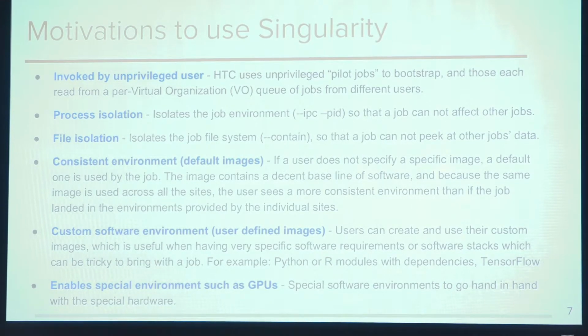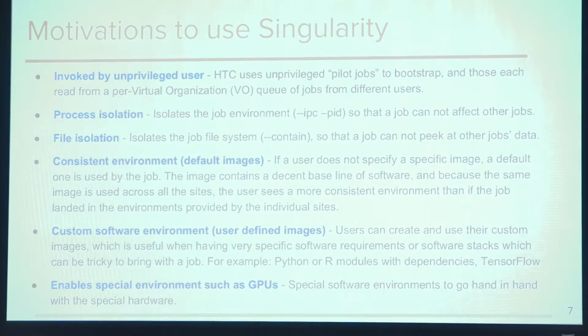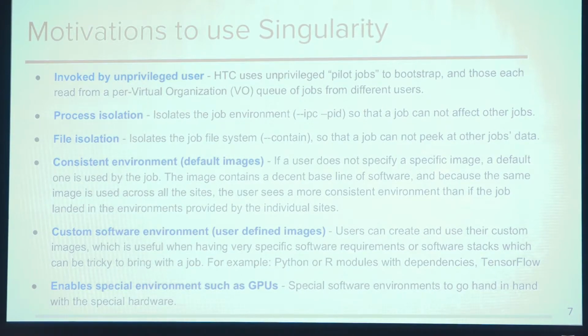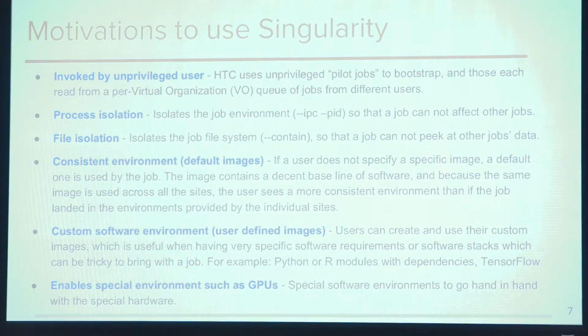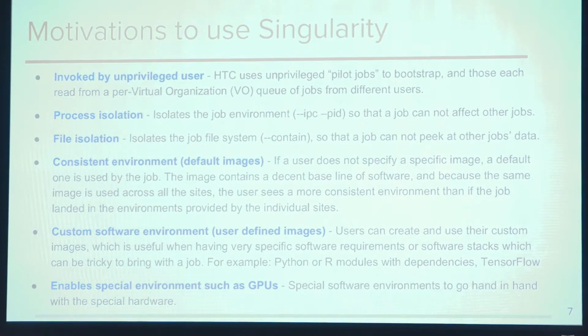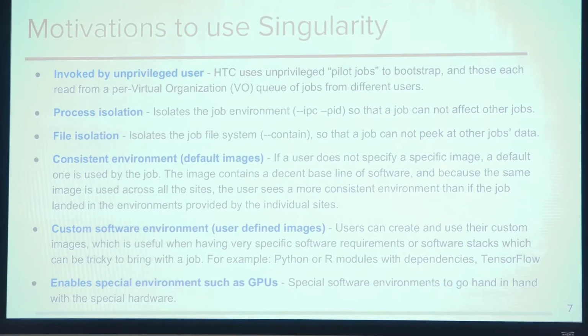So now getting into Singularity. Our motivation for using Singularity in HTC is, a lot of it, security. We use unprivileged pilot jobs. Since the pilot jobs are all over the place, individual experiments will first send in their pilot jobs to make sure they've allocated the resources, and then those pilot jobs go back out to the central and pick up their user jobs and run them.